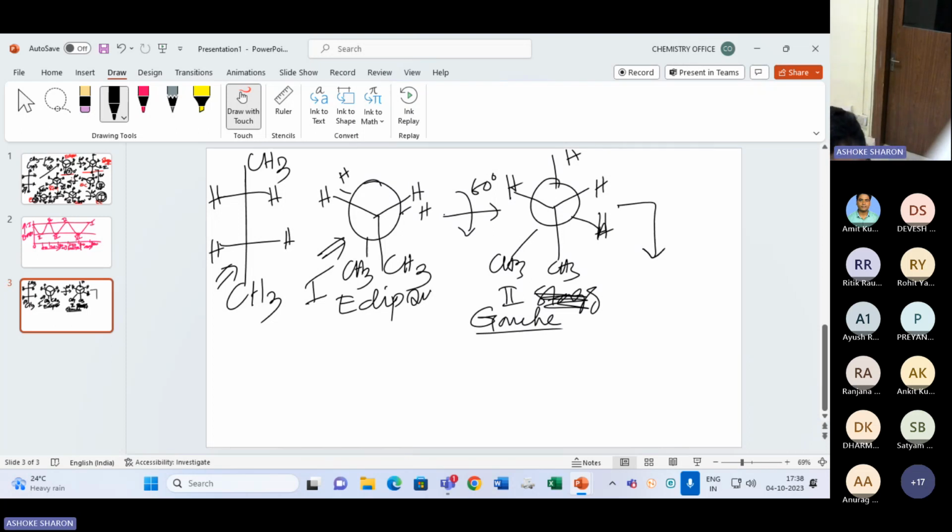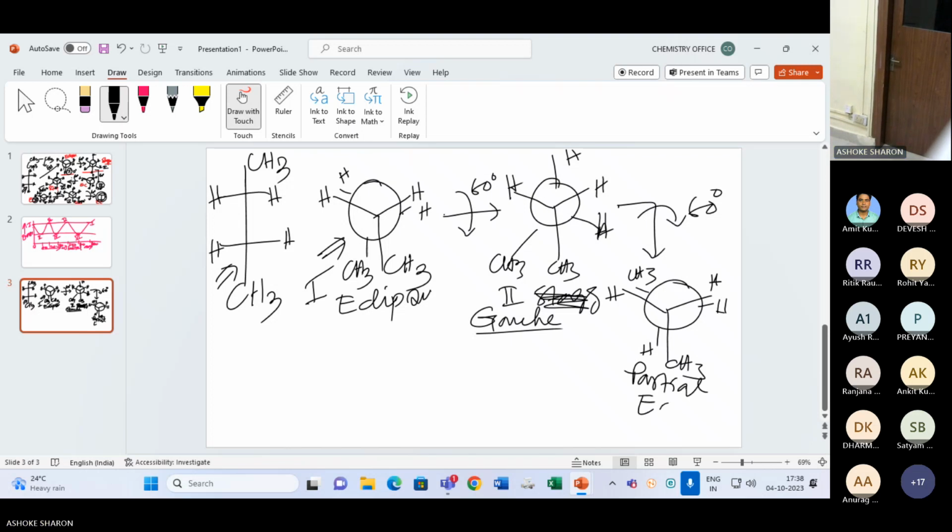Now you rotate the molecule again 60 degrees, then what will you get? This is a very interesting one. So your CH3 is fixed here, hydrogen is here. This is a CH3, this is hydrogen, hydrogen, hydrogen. This structure is called partially eclipsed. Partially eclipsed, why? Because you see in structure number 1, the two CH3 and CH3, their dihedral angle is 0.